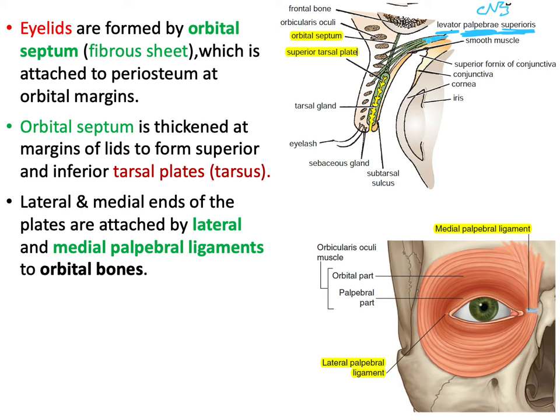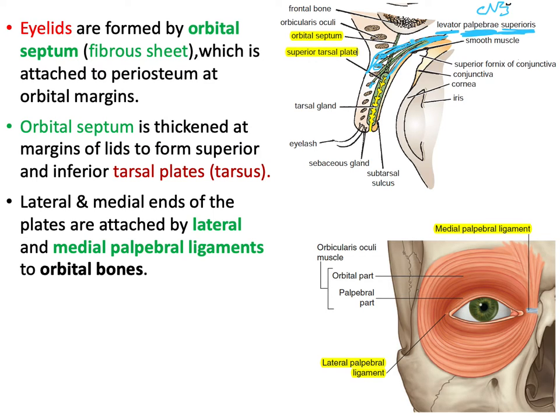It has fibers inserted in the orbicularis oculi muscles here, and also inserted in the skin, and also in the orbital septum, in order to, of course, elevate the upper eyelid.